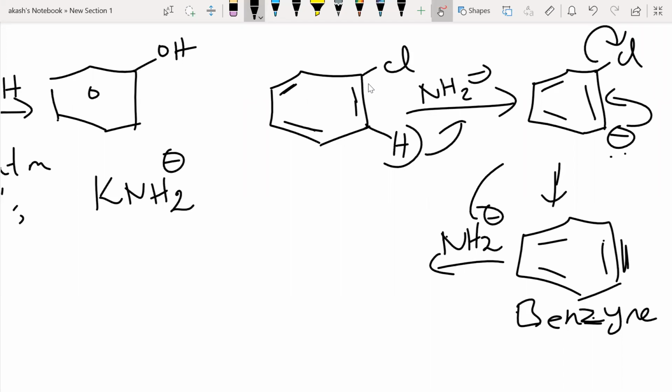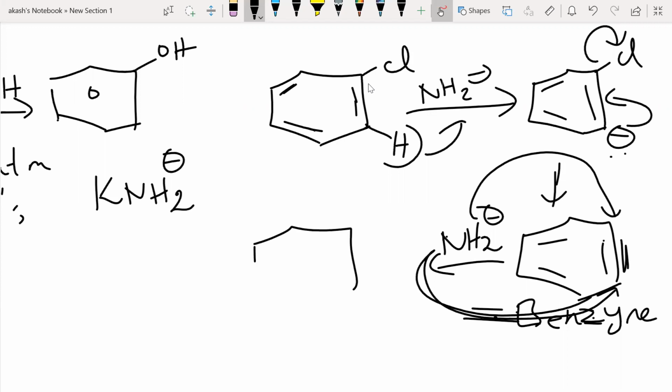It can attack here or it can attack here, on either of the two triple bond carbon atoms, wherever you want. Say, let me take this one only, the second one. Let me see what's going to happen. So now I have a double bond, double bond, double bond. Now the NH2 would have attacked here.